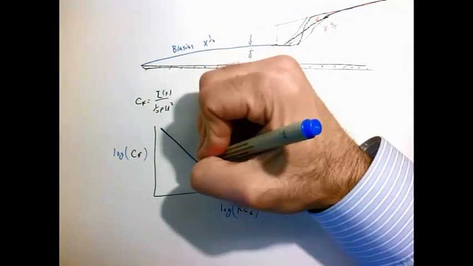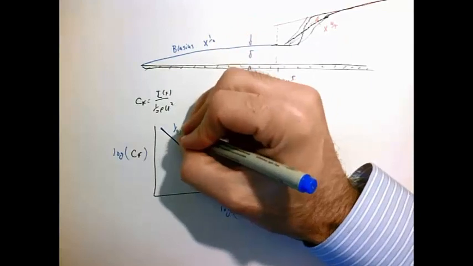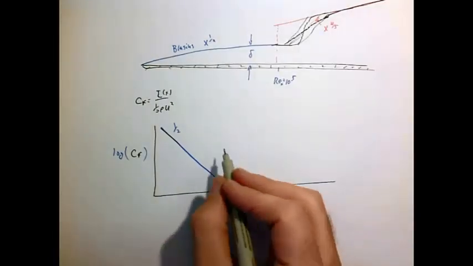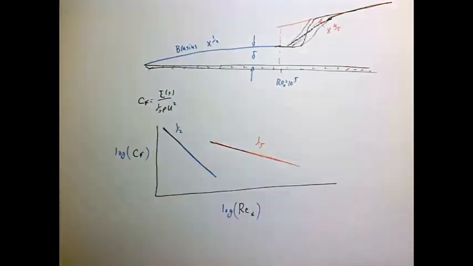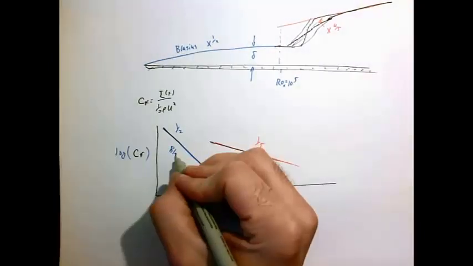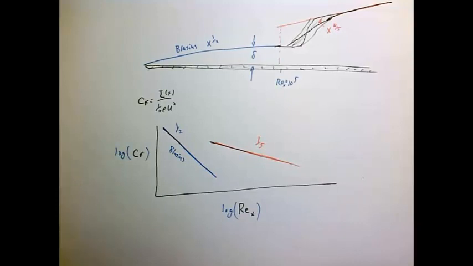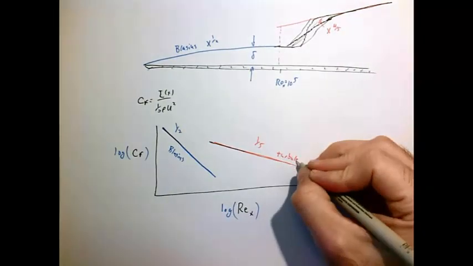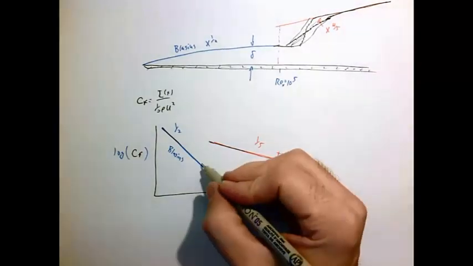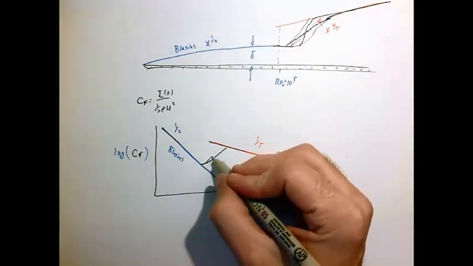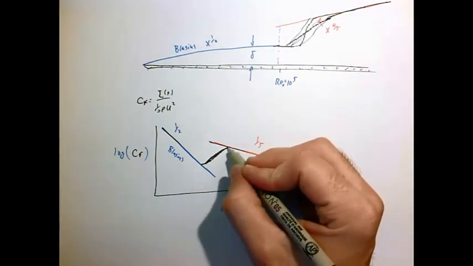We would define this being a 1/2 power, this being a 1/5 power, that being the laminar Blasius solution, this being the turbulent empirical correlation, and in any given experiment, some sort of trajectory that hops from one solution to the other.